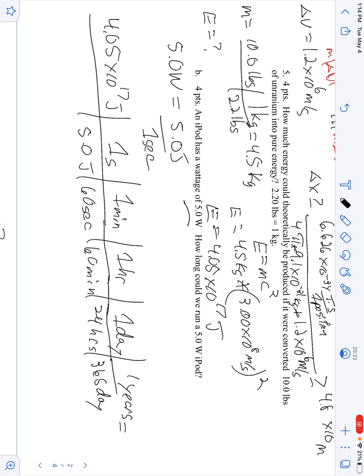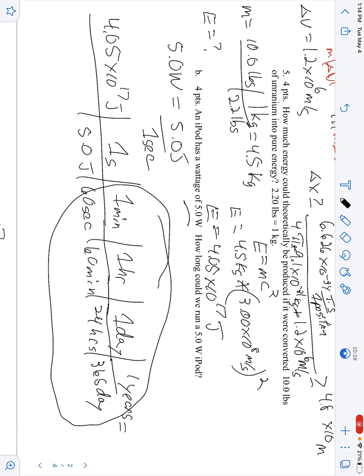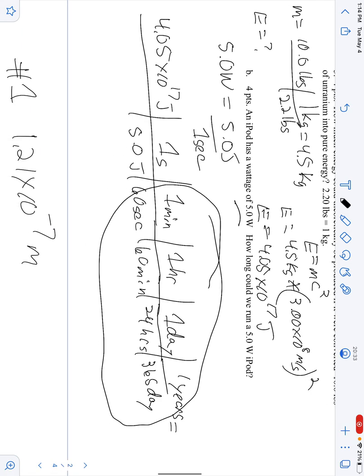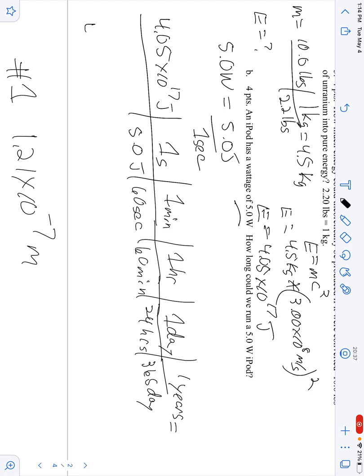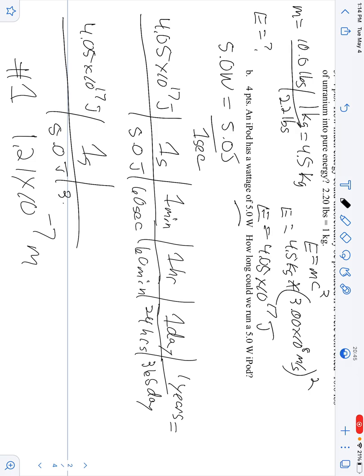I could do that and get the same answer, but instead of doing that whole thing, it's just easier to know that there are 3.16 times 10 to the 7th seconds in 1 year.